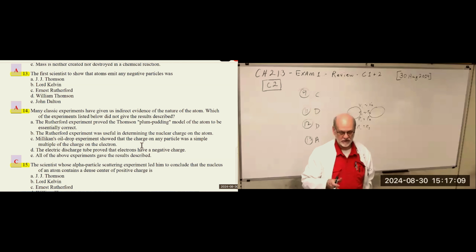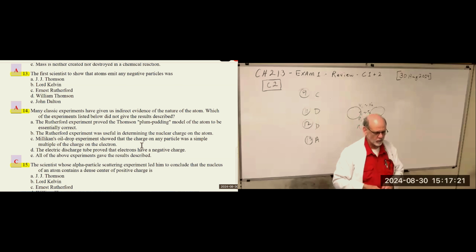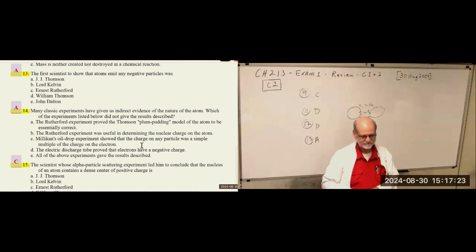Rutherford's model was the nuclear atom, where the protons were in a densely packed nucleus, and the electrons were out here somewhere. And was that the one where they deflected off the nucleus? Right. Sometimes it's called the gold foil experiment. Yeah, so 14A.